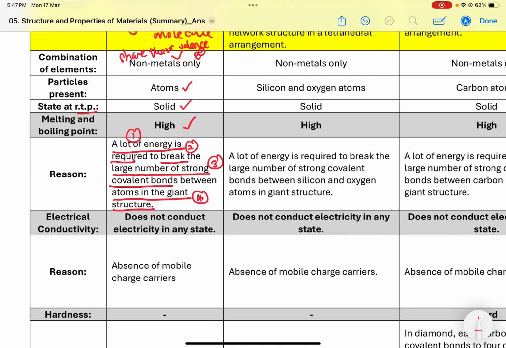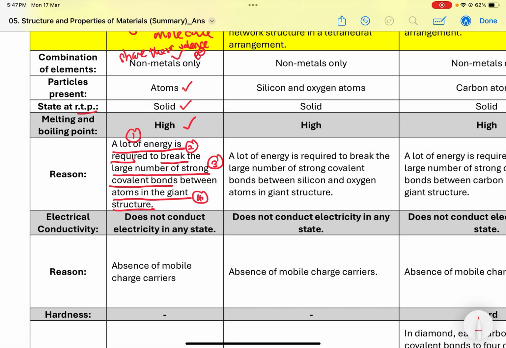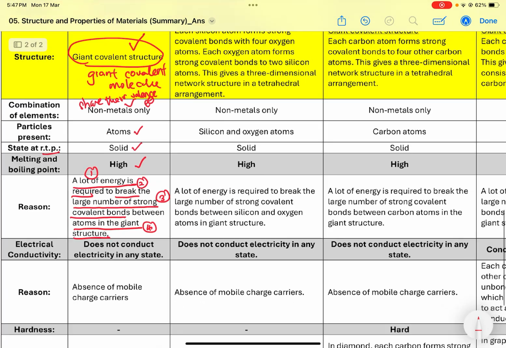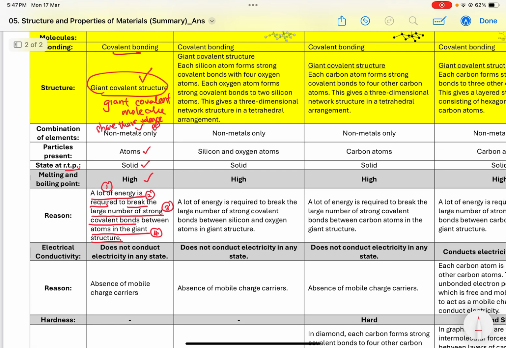We'll go in depth into what the various covalent bonds refer to. For now, just take note of the general description first. Once we go into the specific substances, I'll explain more about the large number of strong covalent bonds.